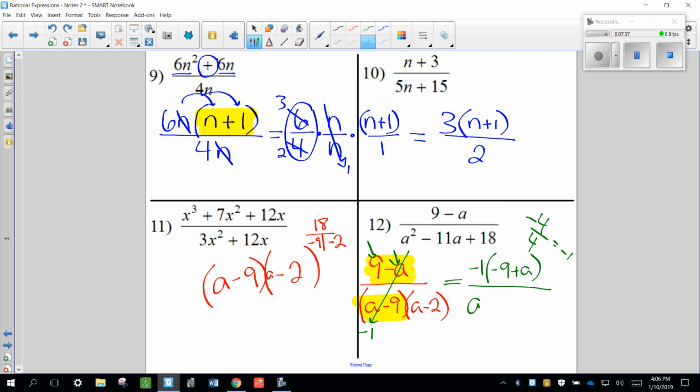So you see now, I have an identical factor in the numerator and an identical factor in the denominator, because we could rewrite this as a minus 9 also. So those would divide to equal 1. And at the end of the day, our answer is going to be negative 1 over a minus 2.